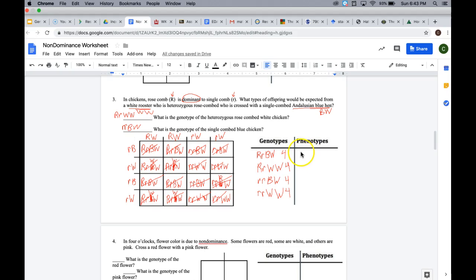So I've got, let's do this. Let's do rose, and I have 4 rose blues. I have 4 rose whites. We have single, and blue.